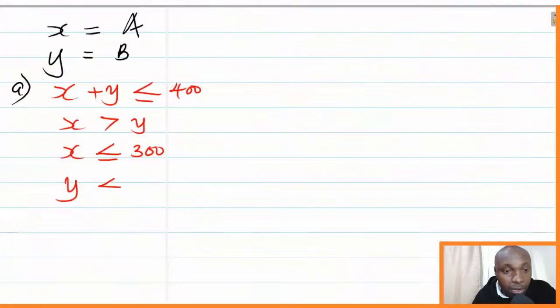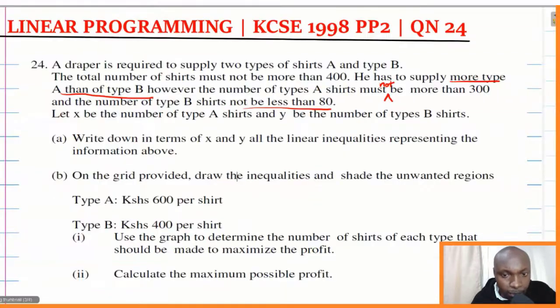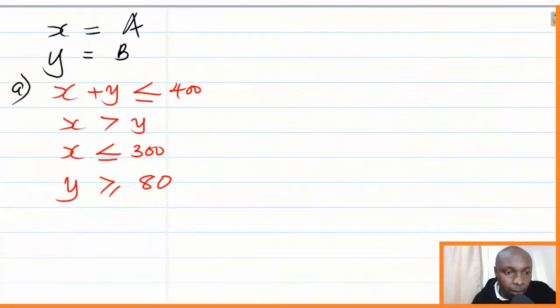Therefore it should be greater than or equal to 80. That is the meaning, that the shirts for type B should not be less than 80.